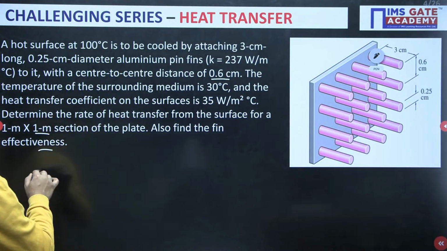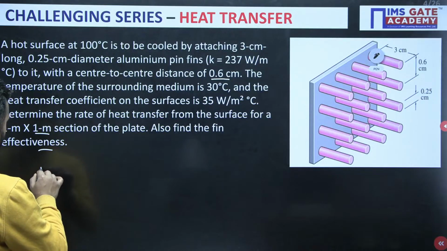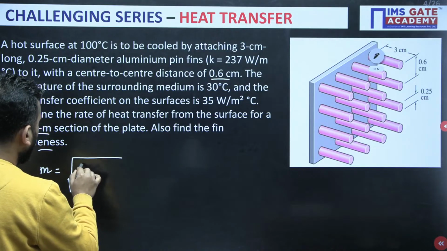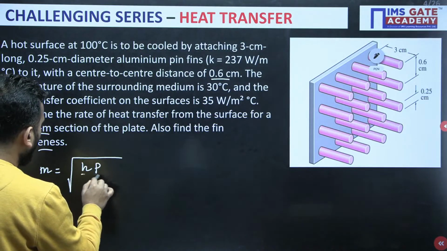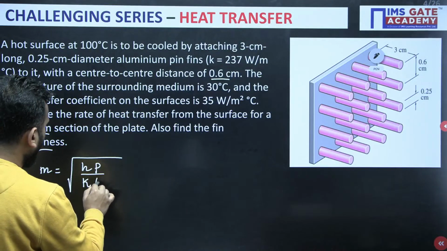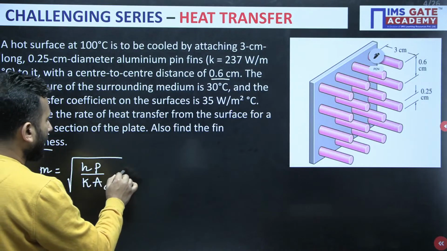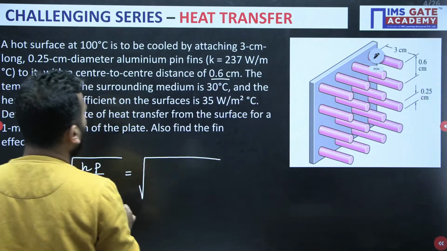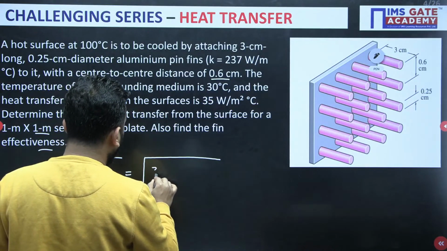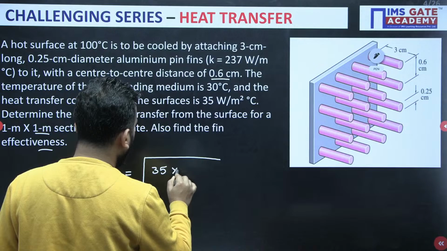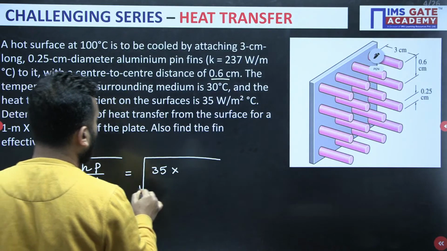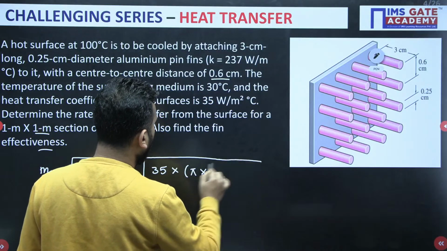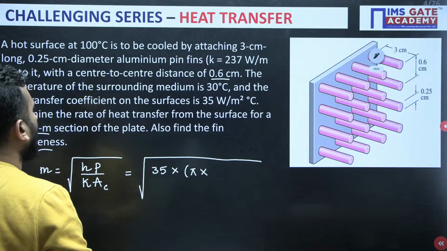Okay. So the first job is we have to calculate what is M for a fin. So H is 35, perimeter of the cross section is pi into D, and I will be keeping all the units in SI.